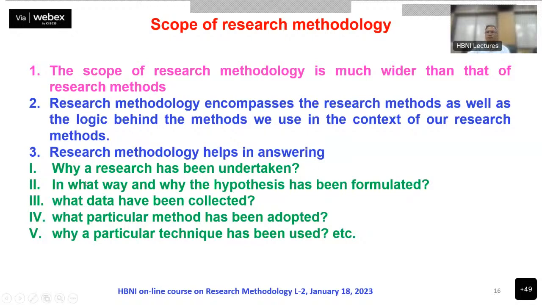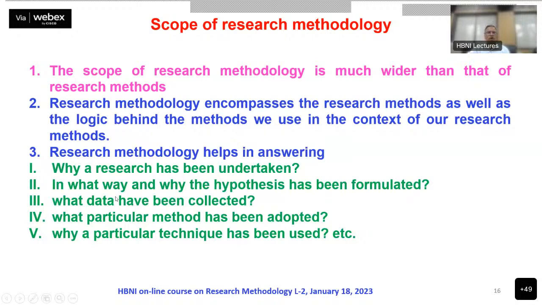Research methodology helps in answering the following questions, like why a research has been undertaken. Actually, these are the most important aspects when you are doing research. If you ask these questions to your guide or to your seniors, they may sometimes feel offended, but they are very important questions, and you should be very clear in your mind about why we are doing that particular research.